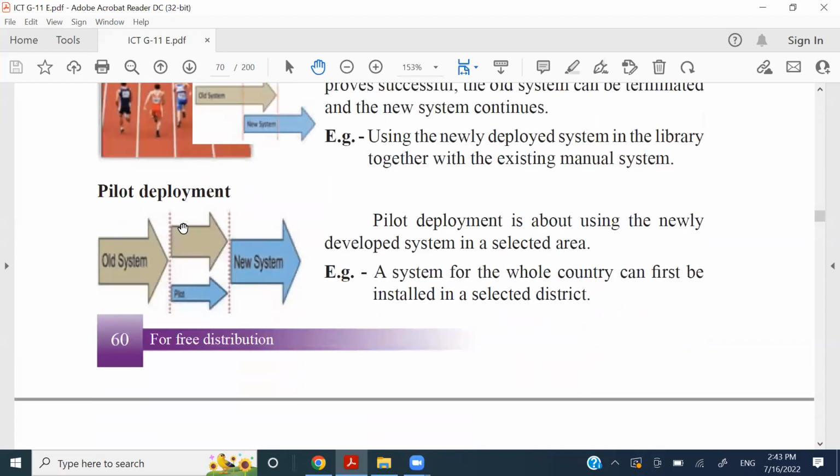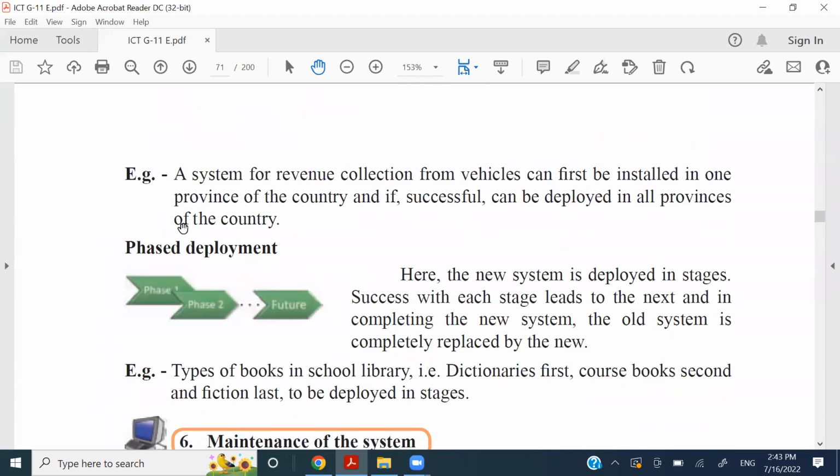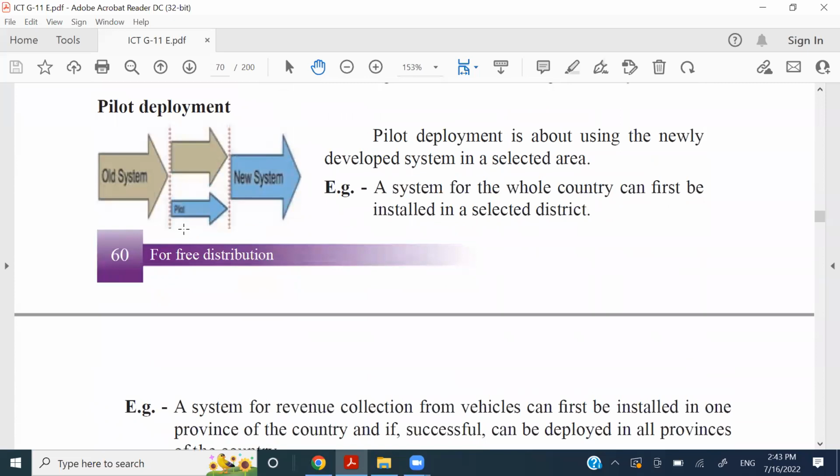And there are a third and fourth deployment method as well. The third is called the pilot deployment. When this deployment method arises, they may have an entire organization which is going on the old system.